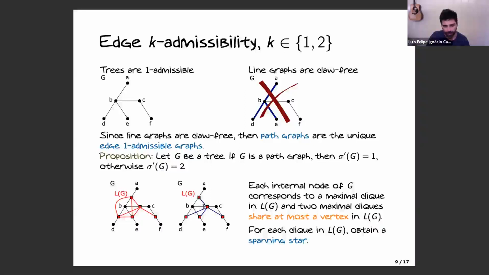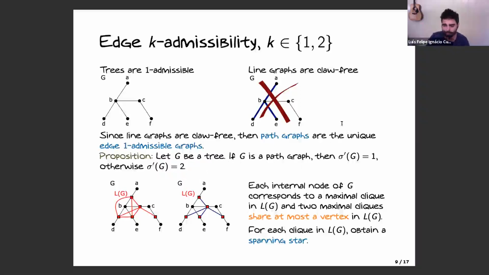So here in blue is a star considering this first complete subgraph, and also another star, which is exactly this K2 for this subgraph. Which implies that the edge stretch index is exactly equal to 2 for arbitrary trees which are not path graphs.